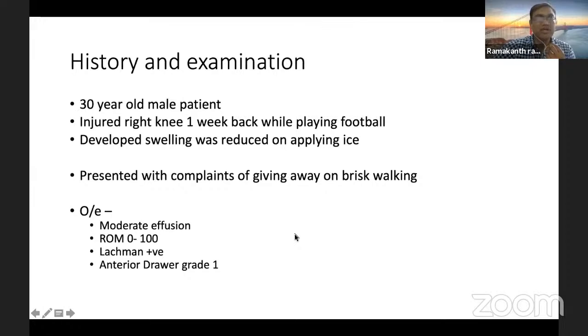There's a 30-year-old male patient who came with a history of injury to the right knee while playing football, and he developed swelling and instability, presented with pain and giving way. His clinical examination showed moderate effusion with up to 100 degrees of movement. Lachman was positive and anterior drawer was grade 1.